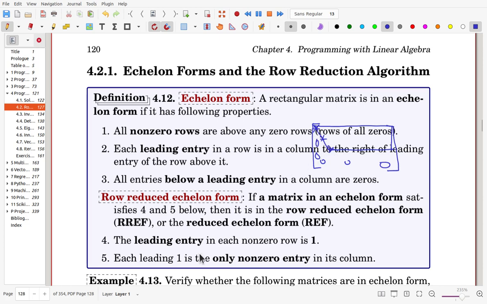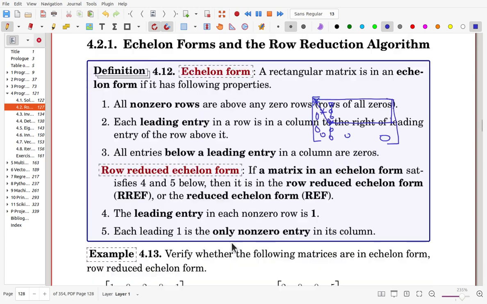And the leading one is the only non-zero entry in its column. So above and below the leading one, every other entry must be 0. When these two extra conditions are satisfied, an echelon form becomes the reduced echelon form.